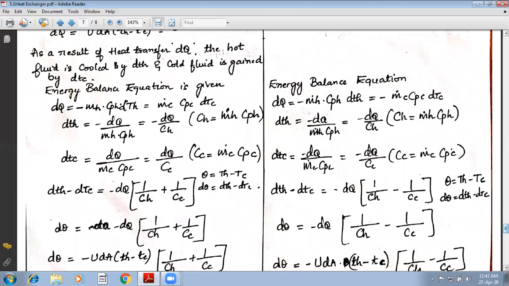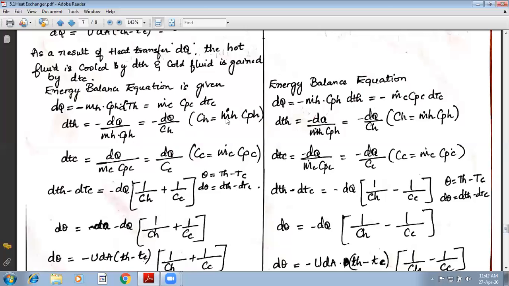Now, if you get the expression for dTh, it is minus dq divided by m dot h into Cp of h. This can be written as minus dq divided by capital C suffix h, where capital C is heat capacity.